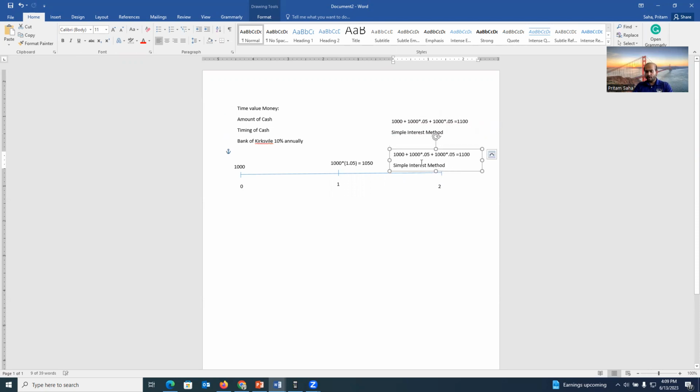On the other hand, in finance, we don't follow simple interest method. In finance, we follow compound interest method. So compound interest method says that initially you earned interest on your initial investments, okay?